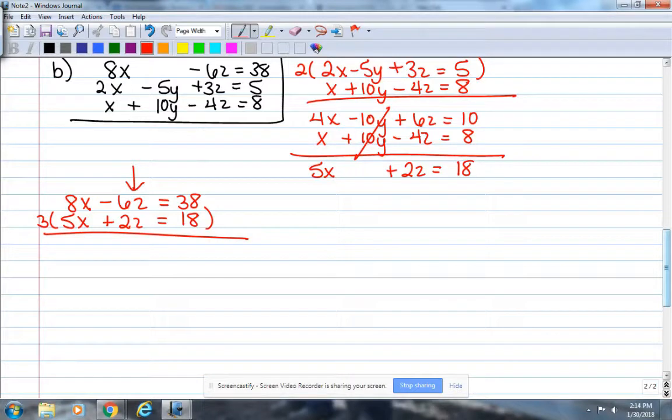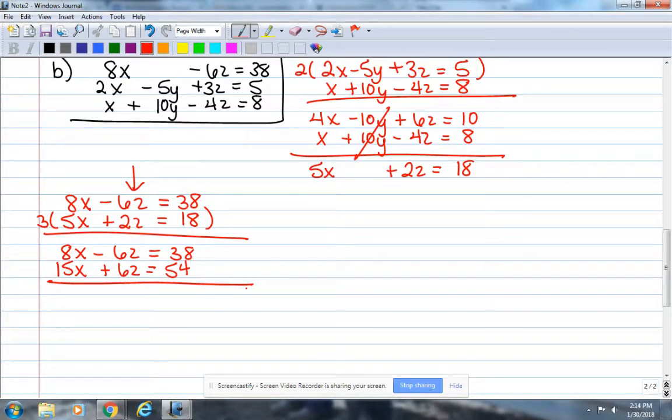So, keep my first one just like it is. And the bottom gets multiplied by 3. So 3 times 5x is 15x. 3 times 2z is positive 6z. And 3 times 18 is 54. Okay?